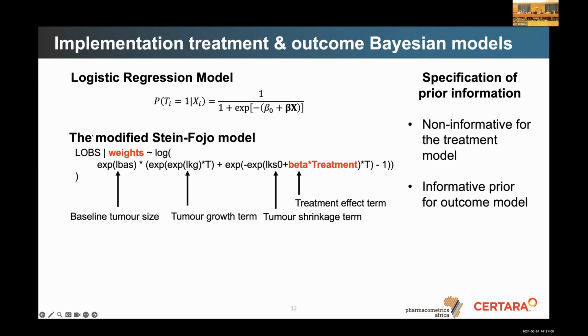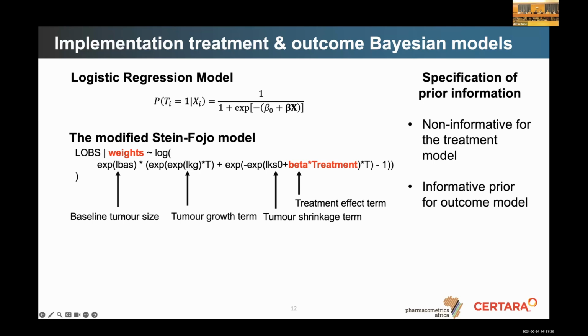For the modified Stein-Fojo model, which is the TGI model that my colleagues talked about, here we are modeling the log of the observed tumor sizes, given the weights. As we have discussed, this is our main focus.